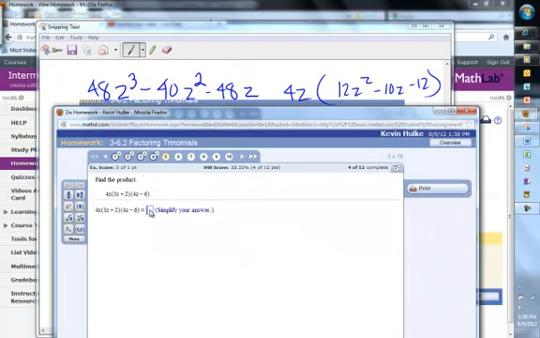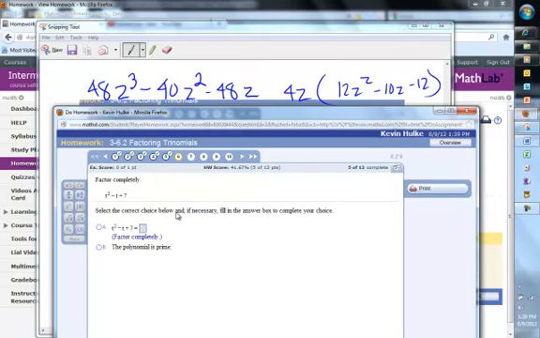Okay, so it's 48z cubed, that's supposed to be, minus 40z squared. I gotta change this to a cubed here. Minus 48z.